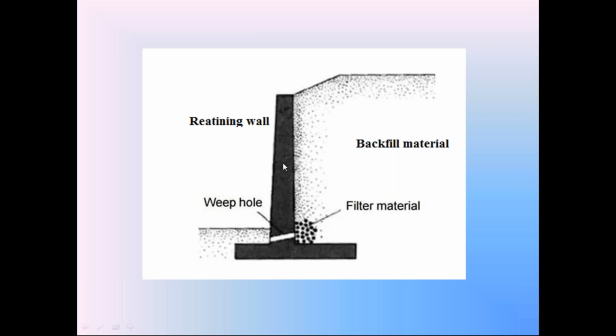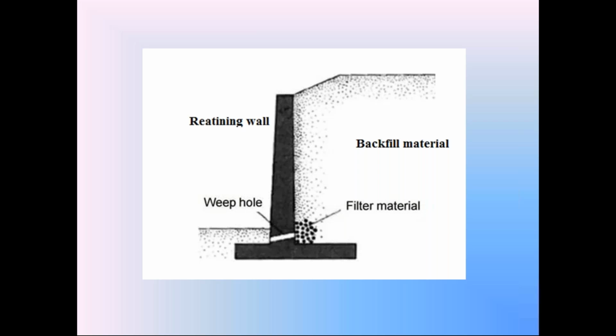When the retaining wall is moving away from the soil, that is called active condition. Please listen to this carefully. When the retaining wall is moving away from the soil, that condition is called active condition. When the retaining wall is moving towards the soil, that is called passive condition.